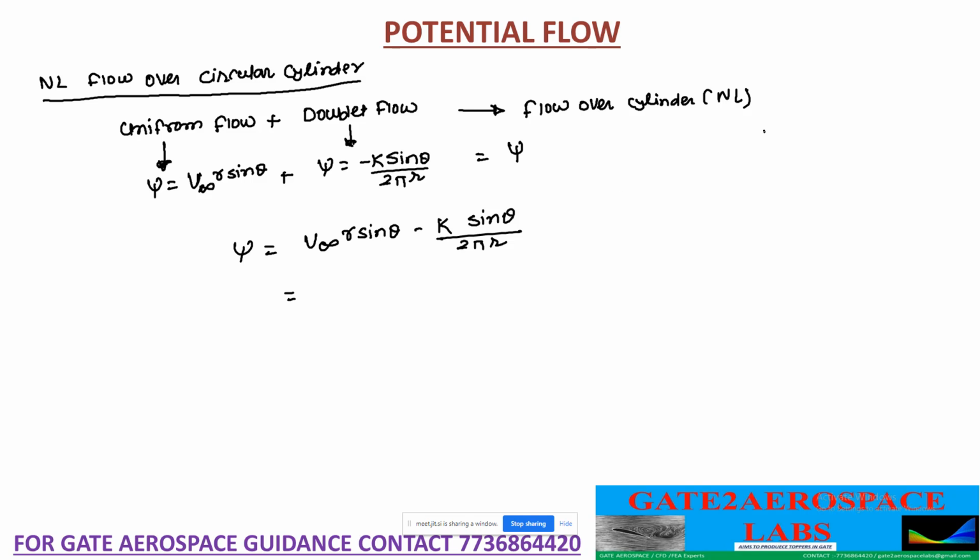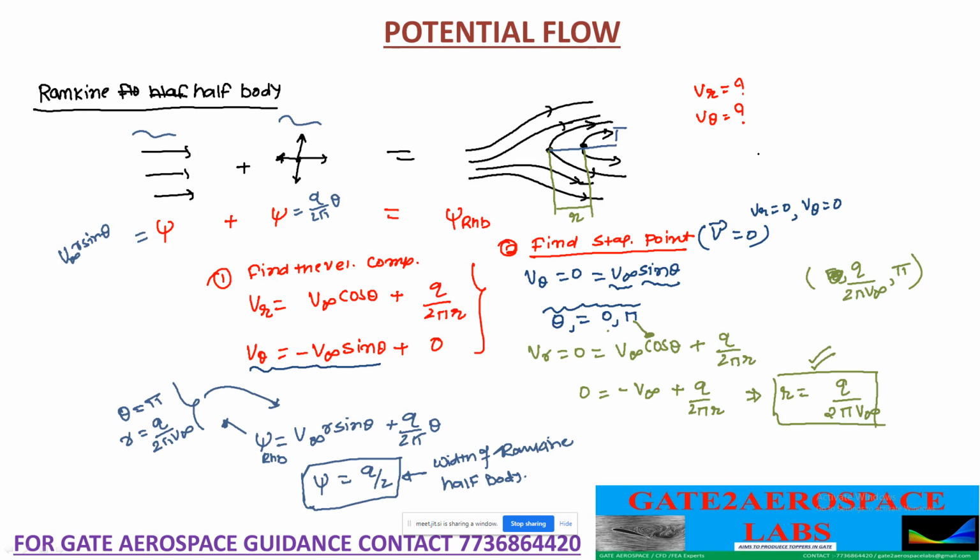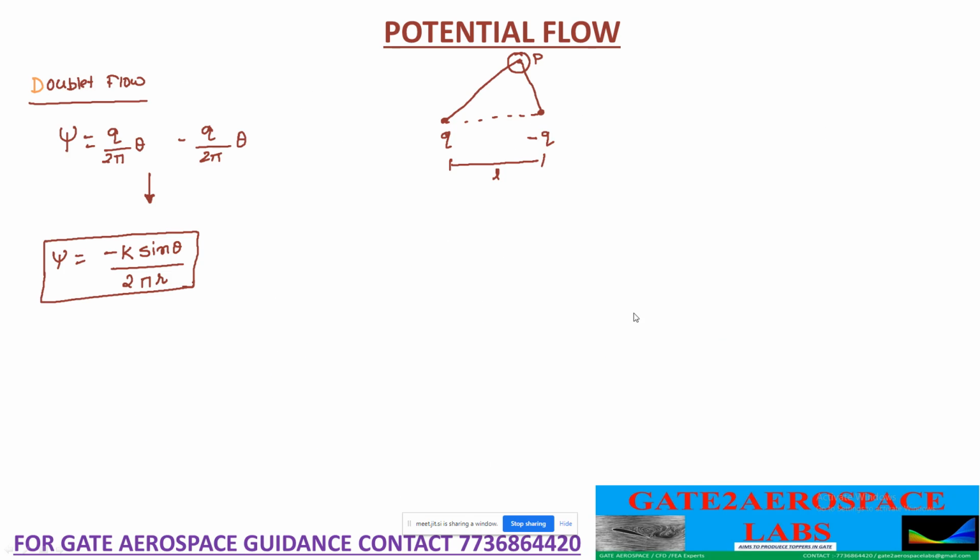K is Q into L. If you see this doublet flow, this k is Q into L, and it is in such a way that these two sources are placed very close to each other.